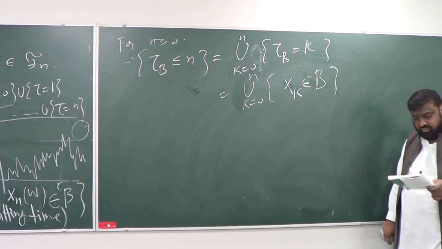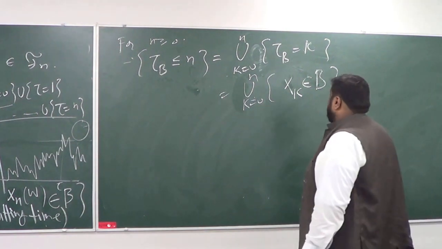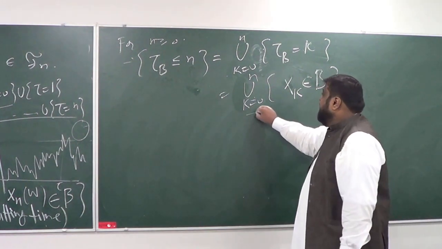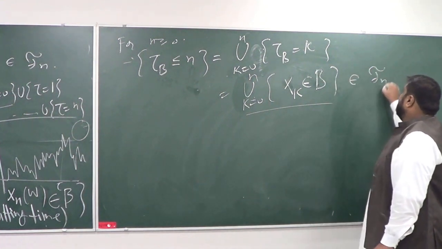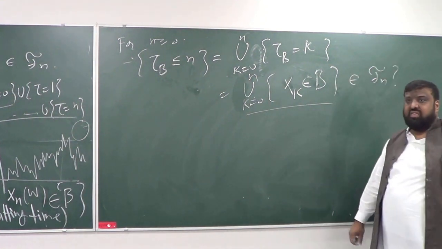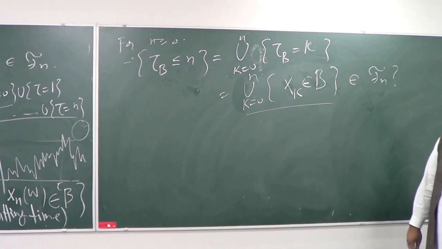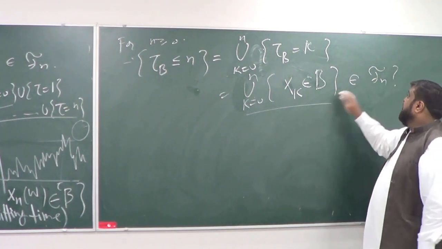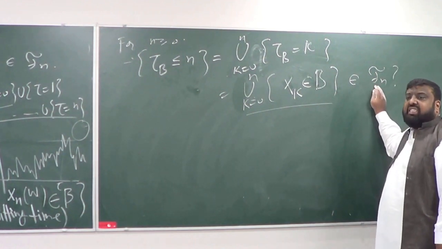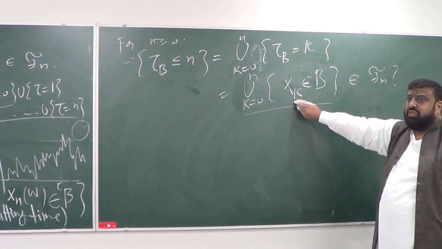Here's the question: does this belong to Fn? Yes, why not? Because the filtration contains all information about the process X.